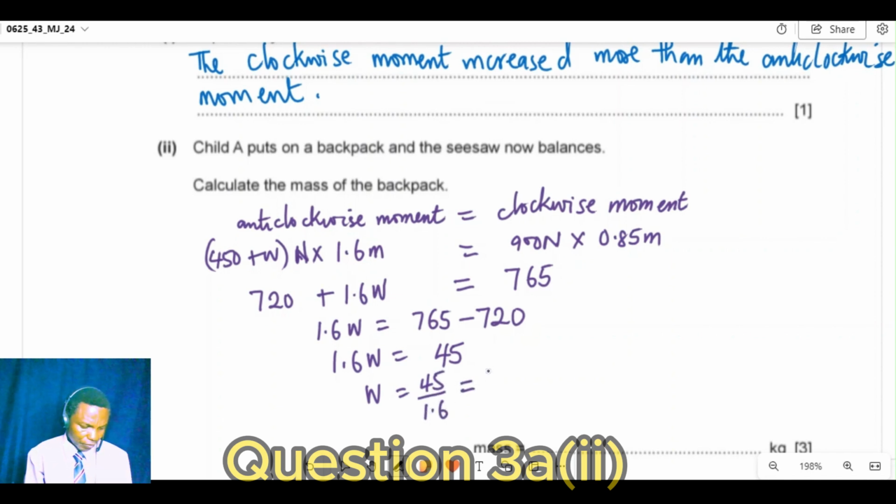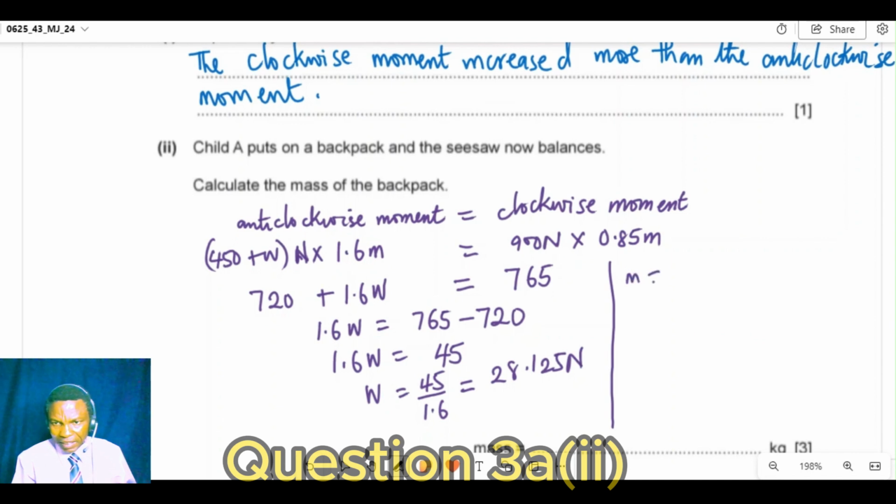That will give 28.125 Newton. But mind you, the mass of the bag is equal to W over g, which is equal to 28.125 Newton all over 9.8 Newton per kg.